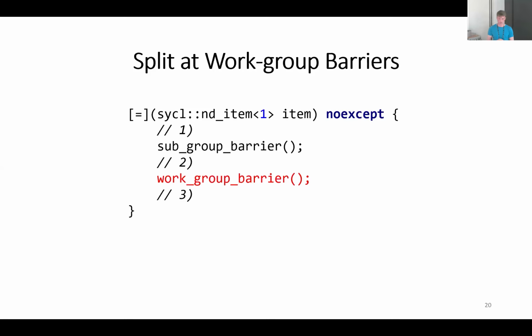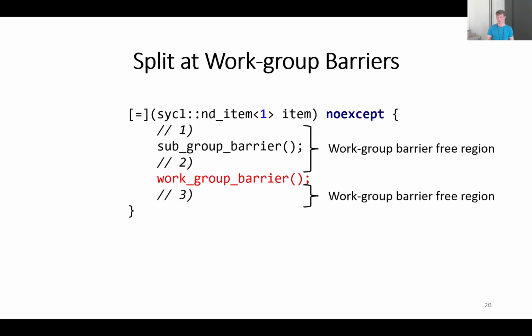Okay, let's have a look at an example. So here we have a kernel with a workgroup and subgroup barrier. So first we apply CBS on the workgroup level. So we have now 2 workgroup barrier free regions.